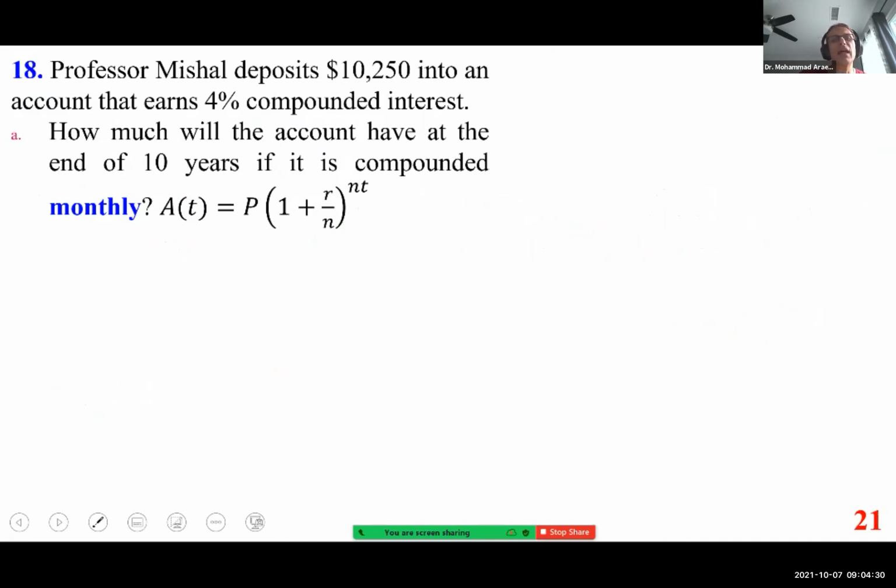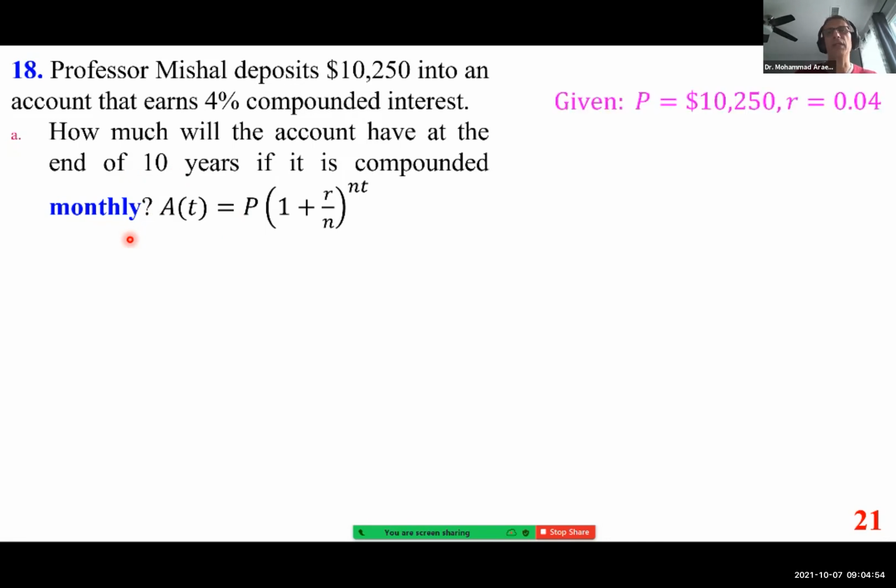We deposit $10,250 in an account that gives us 4% compounded interest. How much will the account have after 10 years if the following situation holds, if it's compounded monthly? So why don't we plug in what we have?